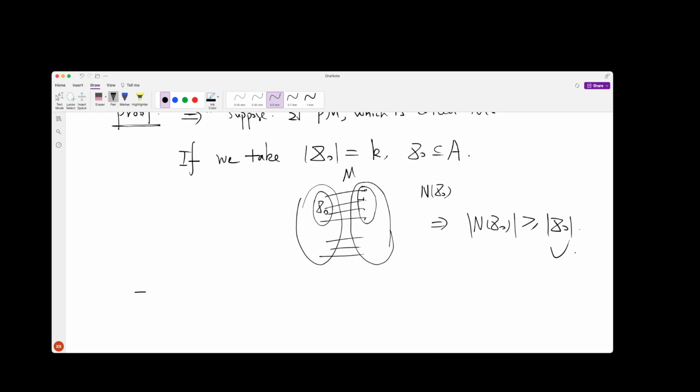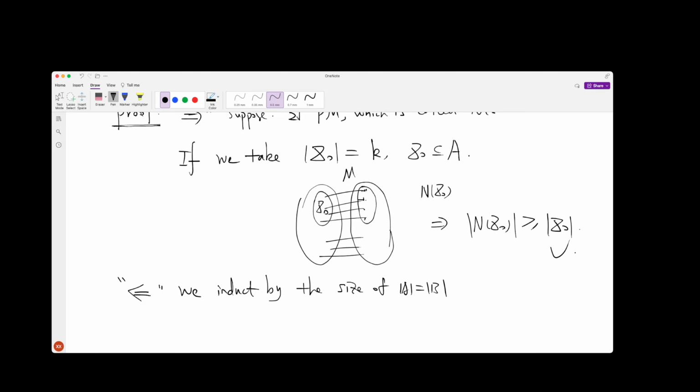But the other direction we need to prove using induction. So we induct on the size of the parts of the graph, where the size of A equals the size of B. Clearly we need A and B to have the same size, otherwise there is no way to find a perfect matching.